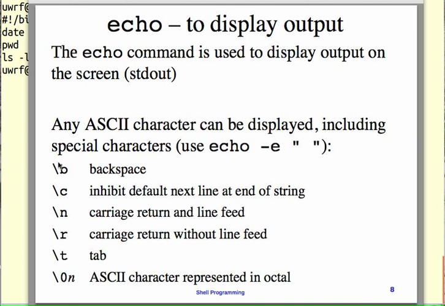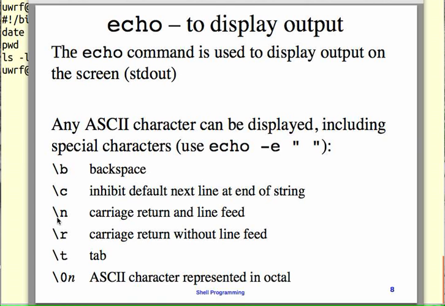You can use \b for backspace. You can inhibit the default new line at the end of the string. Sometimes that's handy for asking the user questions. You print something and don't go on to the next line. You just have the user enter something right after your program prints something.